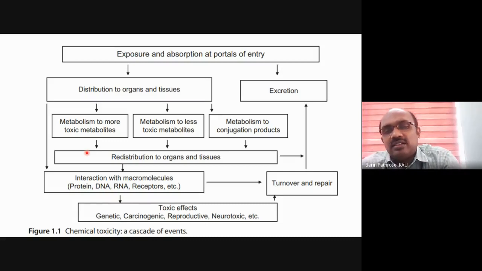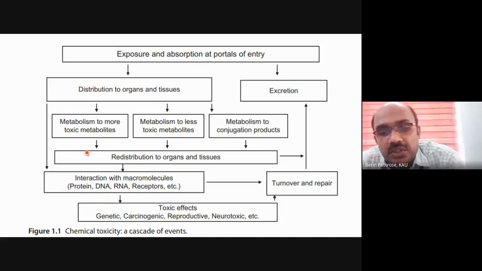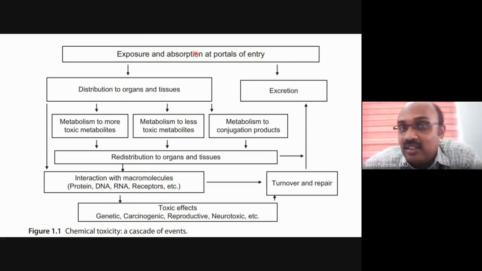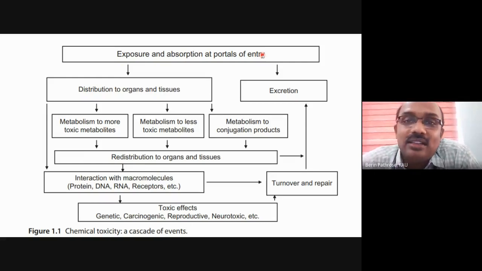So I'll just show you a graphical representation of how this happens. The first step is absorption. The insect will be exposed to the pesticide and the pesticide will be absorbed through the portals of entry. Portals of entry can be the cuticle, the digestive system, and the spiracles.